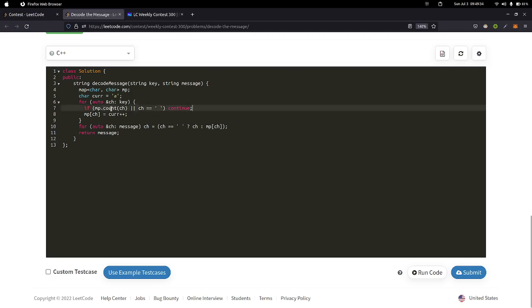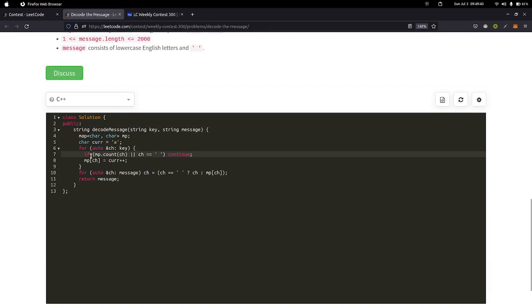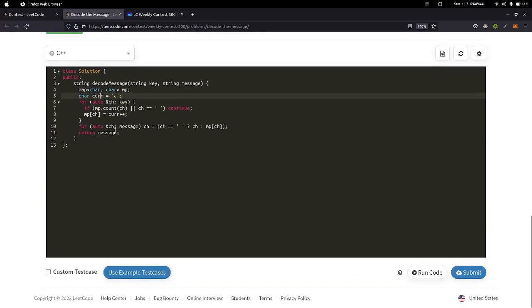Move on to the next character. If the current character is new and appearing for the first time in the key string, put it inside the map and increment the current character, and then go through the message and replace each character. If it's a space, replace it with space itself, or else replace it with its mapping.